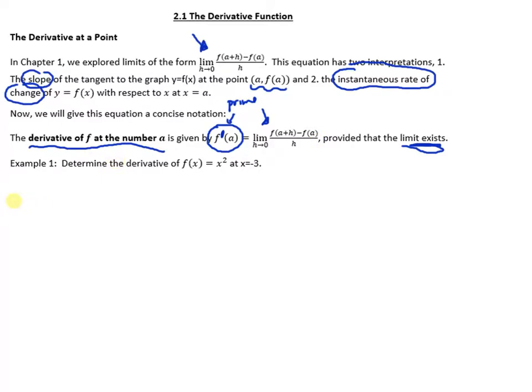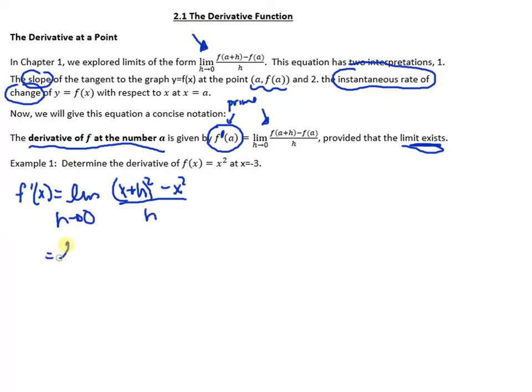So example 1, let's just recap from what we did in the last section. Let's find the derivative of f of x equals x squared at x equals -3. So generally we go limit as h approaches 0, x plus h squared minus x squared all over h.